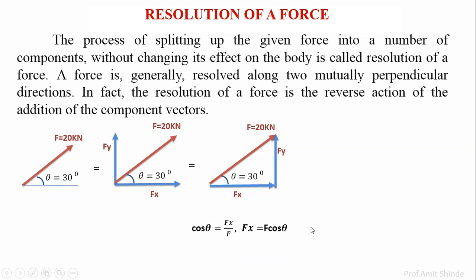Similarly, sin theta is the opposite side upon the hypotenuse. The opposite side of this theta is Fy, and F is the hypotenuse. So sin theta is equal to Fy divided by F. From this, Fy is equal to F sin theta.